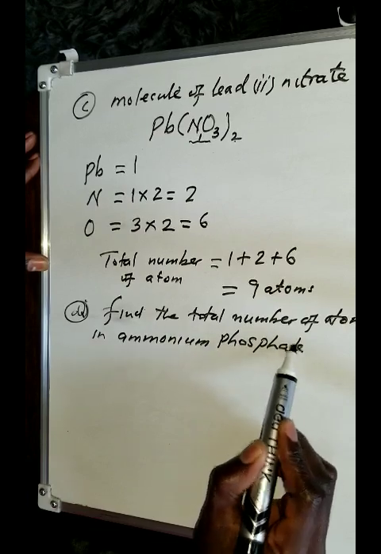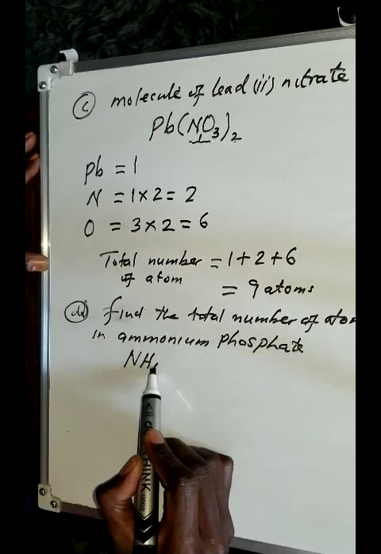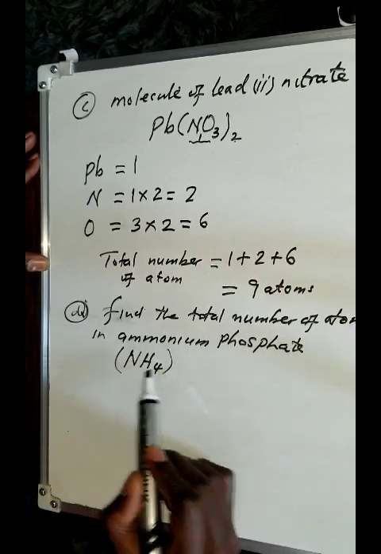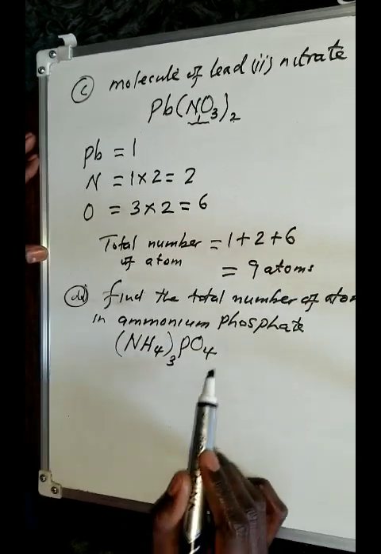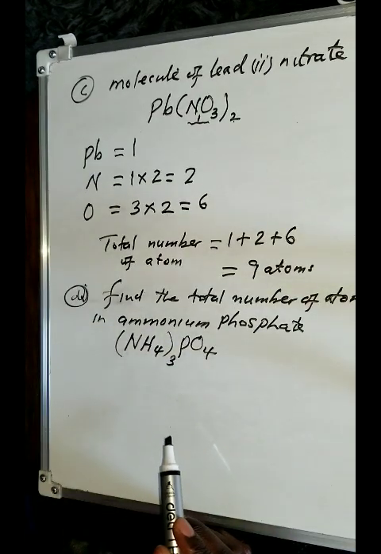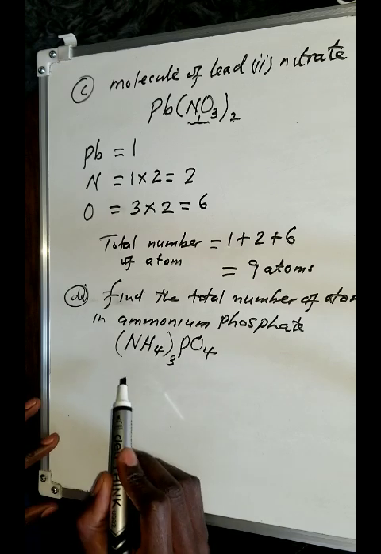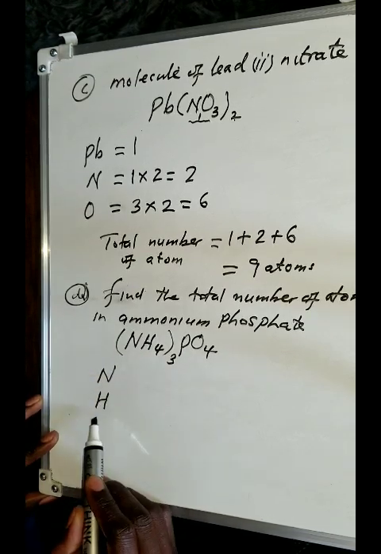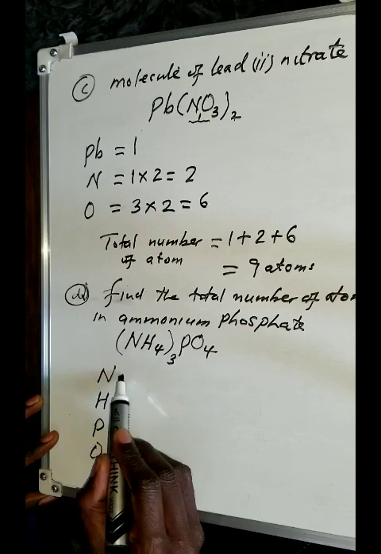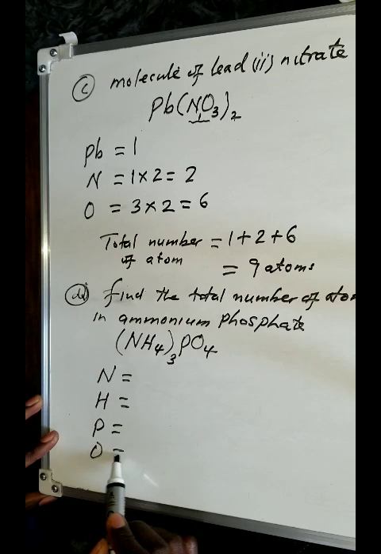So ammonium phosphate has the formula that. What are you going to do? Identify the different types of atoms that are there. In this case, you have nitrogen, hydrogen, phosphorus, and oxygen. So how many of each type are there?